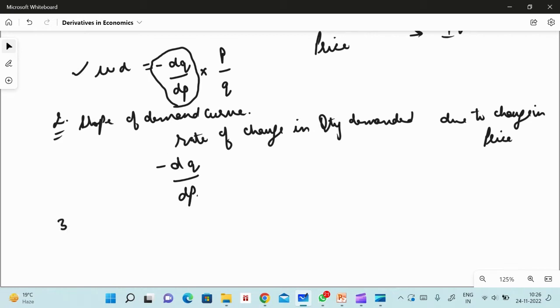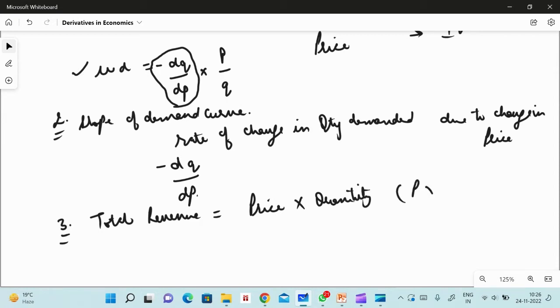Third formula which we are going to cover is total revenue. Total revenue is equal to price into quantity, or we can say P into Q, right? So this is the formula of total revenue.